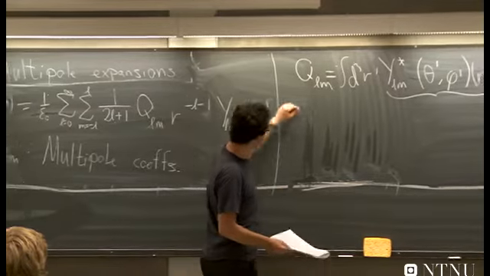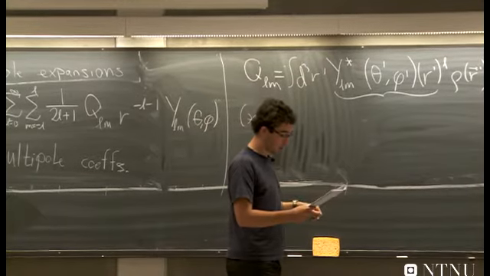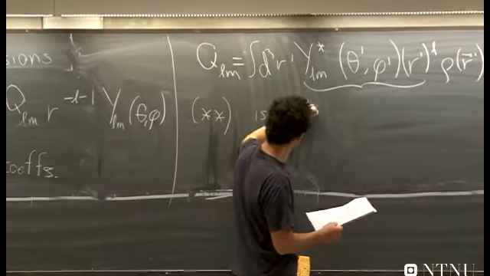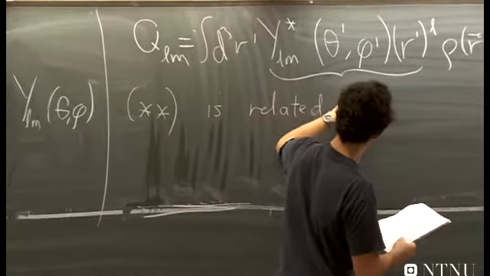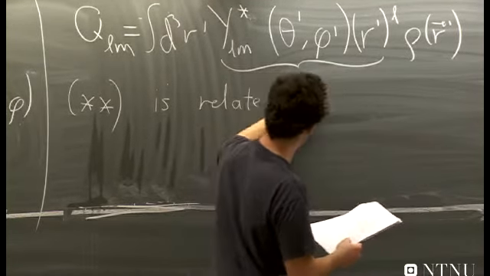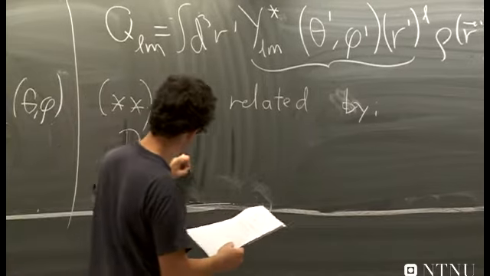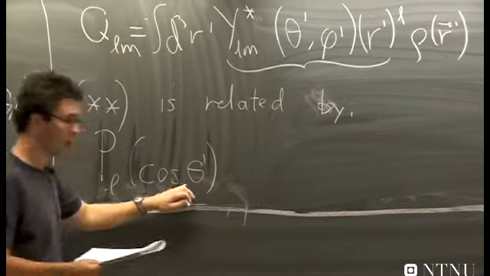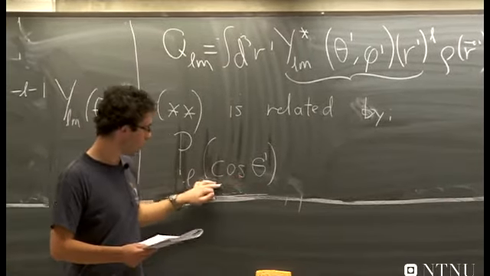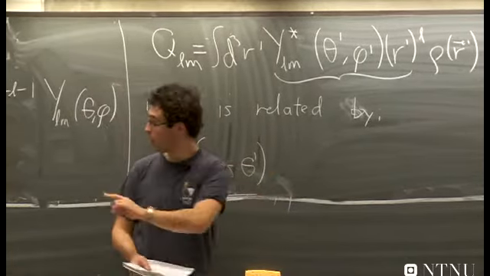And this star is related to our expansion by the following formula. So now I have these Legendre polynomials P_L of cosine of theta prime, but I want them in terms of theta and phi over here.